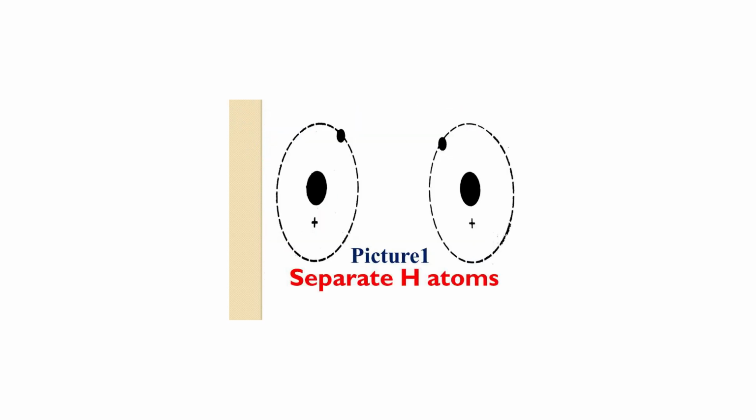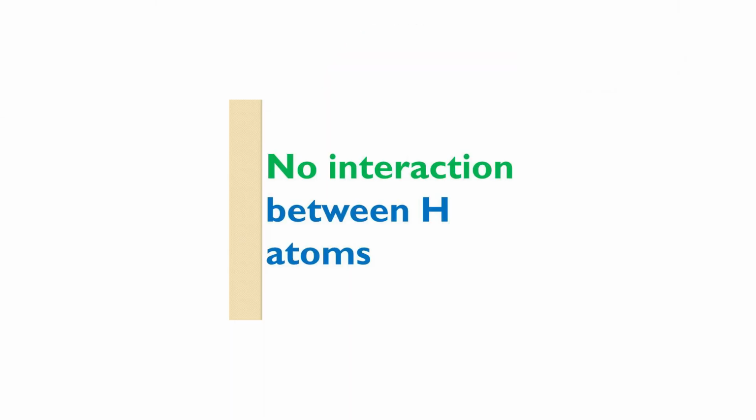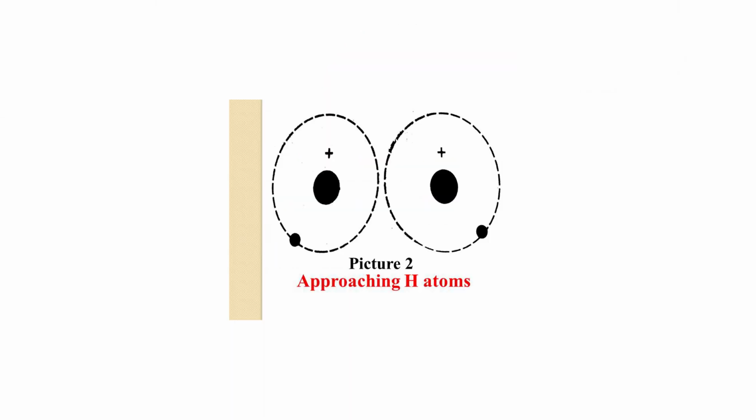See the pictures of hydrogen molecules forming covalent bond. Picture 1, separate hydrogen atom. What does it indicate? No interaction between hydrogen atom. See the picture 2, approaching hydrogen atom.